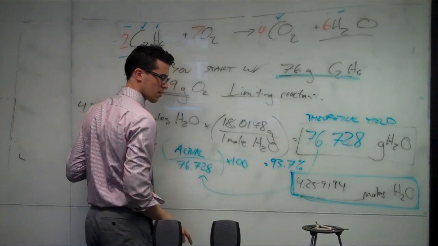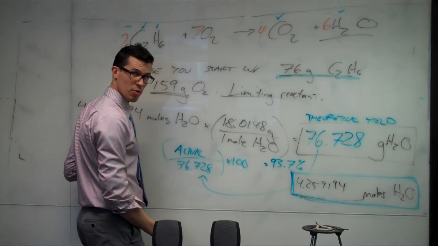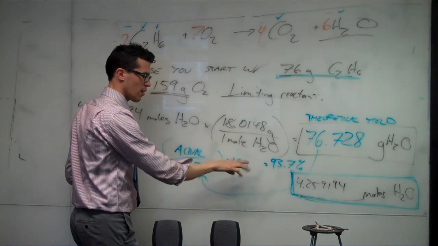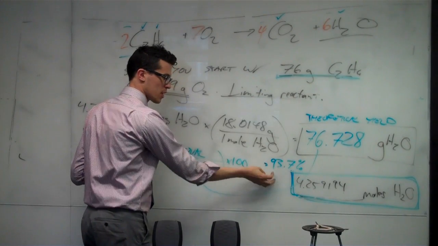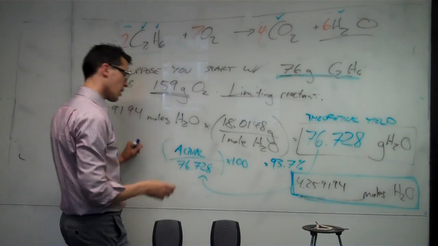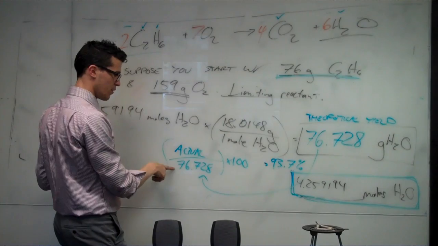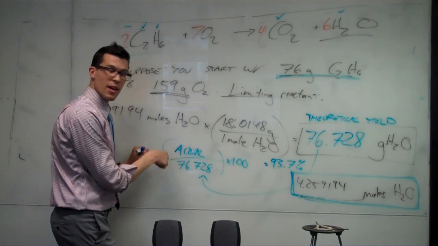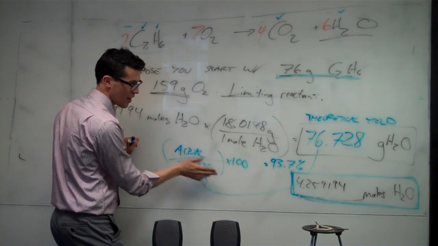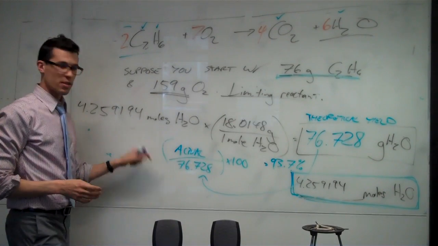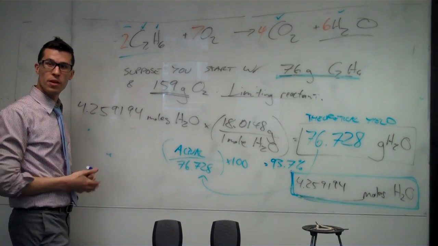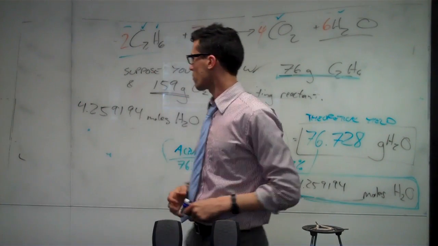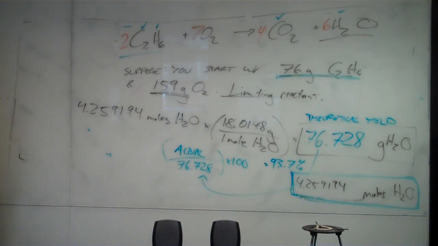Divide that by 100, which crosses off this 100 and moves the decimal place over. Then you multiply both sides by 76.728, which gets rid of it on this side and multiplies it on the other, and that gets you your actual yield. So that's percent yield.